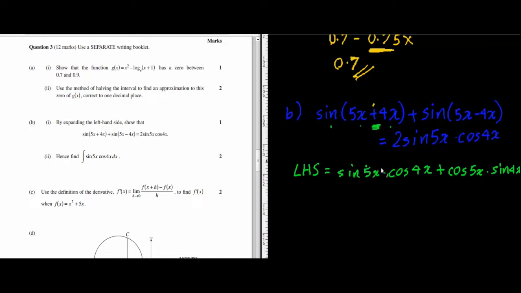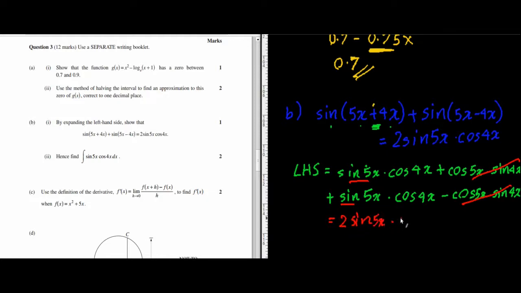And then the next one, I have sine 5x cos 4x minus cos 5x sine 4x. If you can see, these two terms are going to cancel out. What we're going to end up with is just these two, which is equal to 2 sine 5x cos 4x, which is equal to the right hand side.